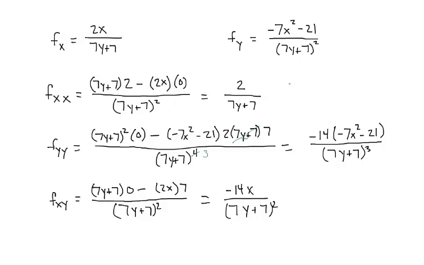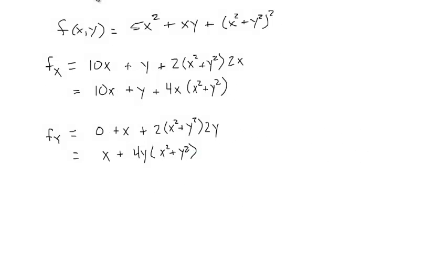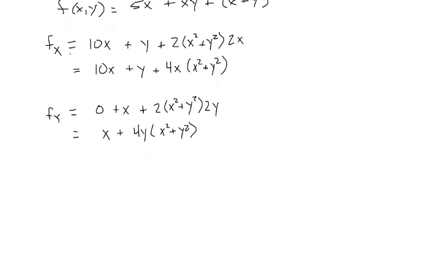All right. In this next example, we have f of x here, and then our final f of y here. And here, what I'm going to do is multiply this 4x times the parentheses so that I don't have to use the product rule here, and I can just use the power rule throughout this problem. Sometimes when you do partial derivatives, it's good to rewrite it in the simplest way possible to take the next derivative.